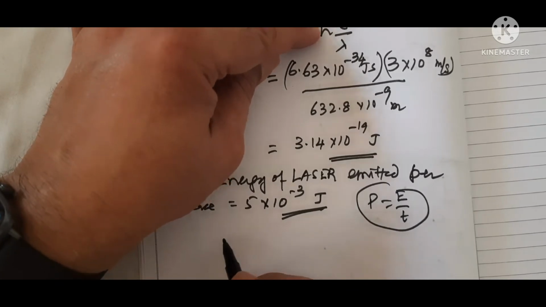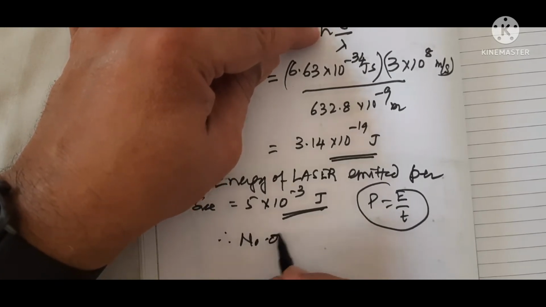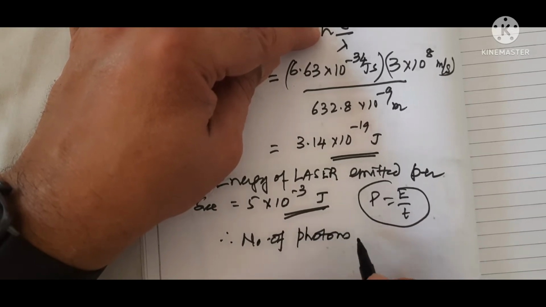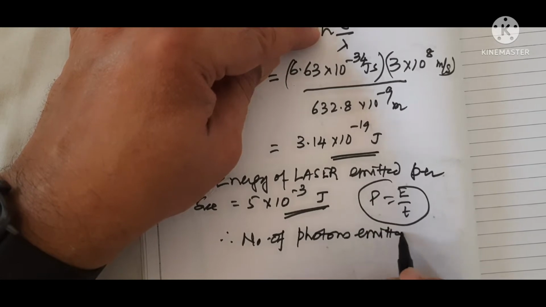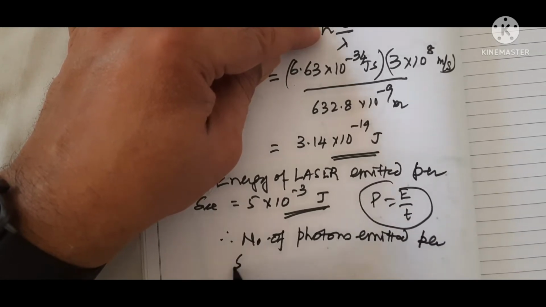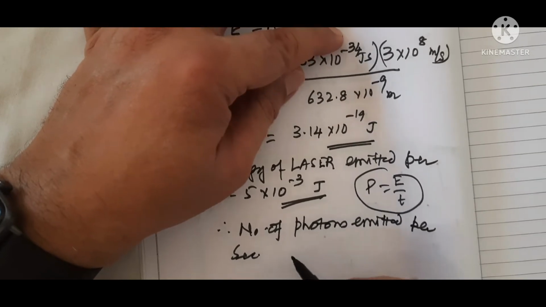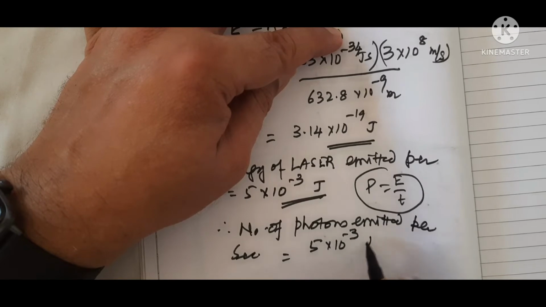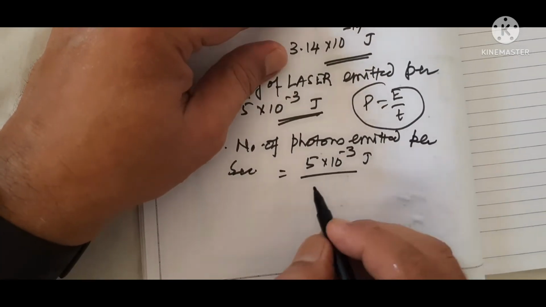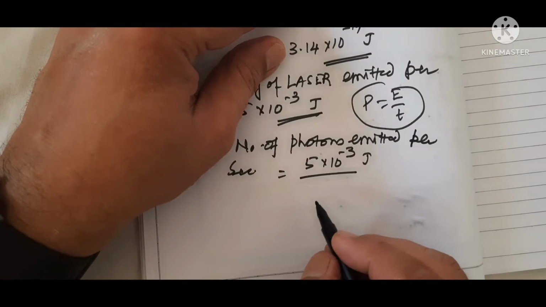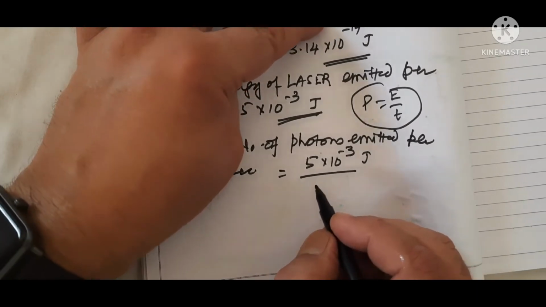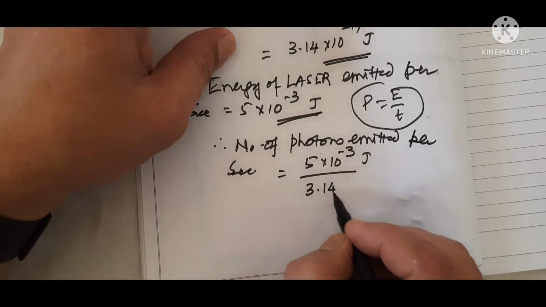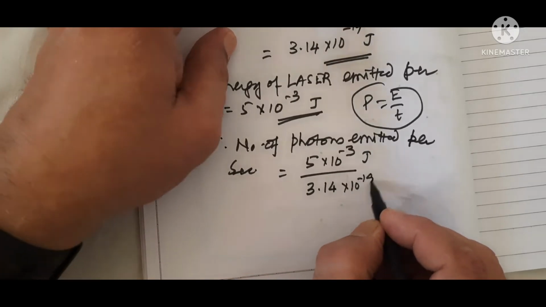So therefore the number of photons emitted per second, in one second how many photons came out, for that how much energy? 5 into 10 to the minus 3 joule divided by the total energy we got in this particular case, 3.14 into 10 to the power minus 19.